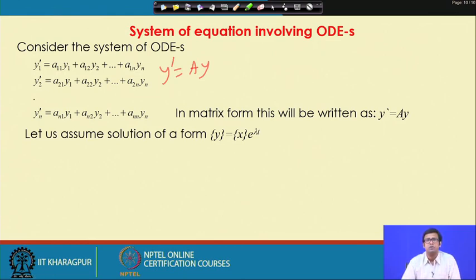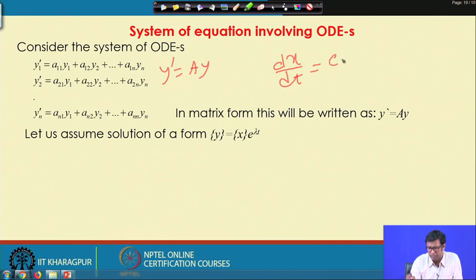We will start with an assumed form of the solution, similar to, for example, an equation dx/dt is equal to Cx, a single-variable rate ordinary differential equation. The solution becomes straightforward: x is equal to e to the power C t.